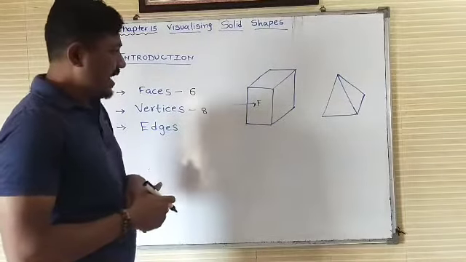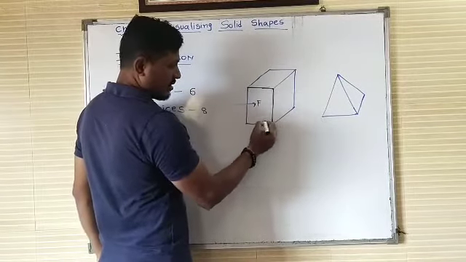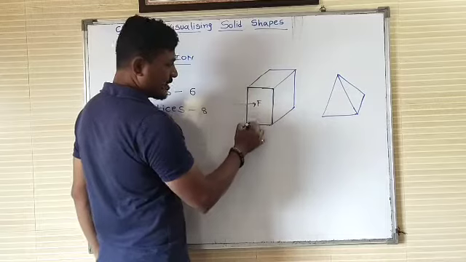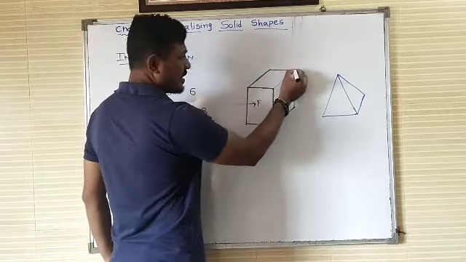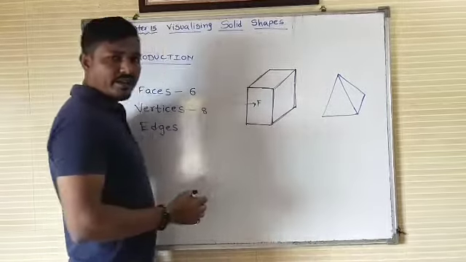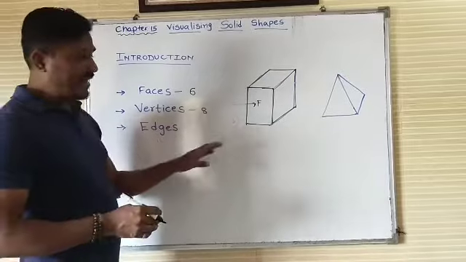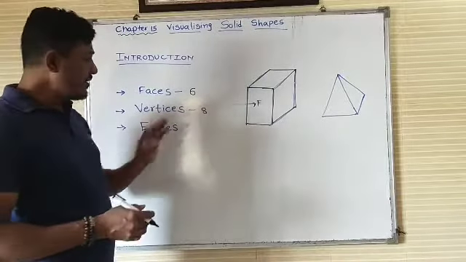Now edges. Edges means all these line segments. If you observe all these line segments, how many are there? These are the skeleton of the solid shape. As we human beings have a skeleton, in the same way the standing lines give support to the solid.